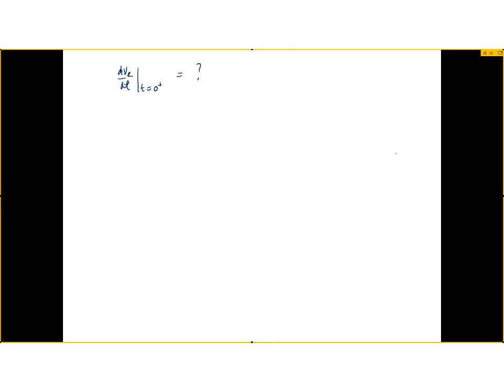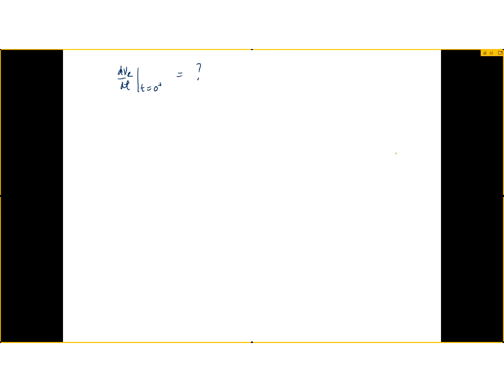Because we don't have anything that involves the derivatives of VR outright, right? So we find an expression for VR that is true at any time. Then we differentiate that equation. We're going to have a dVR/dt in that equation. Yes? And then we evaluate at t equals 0.